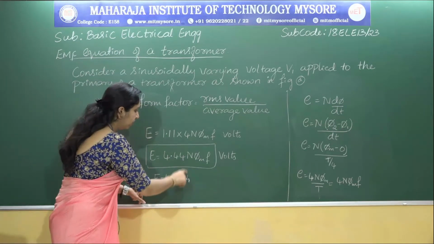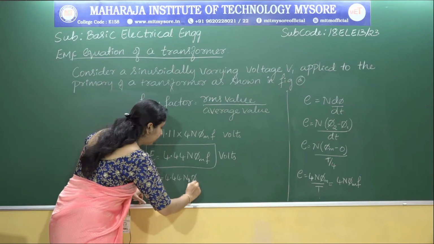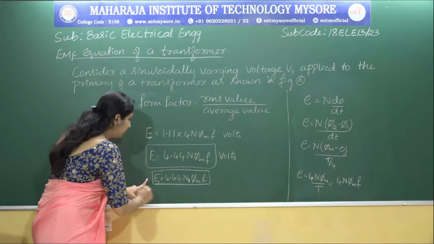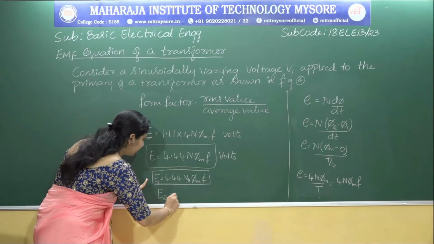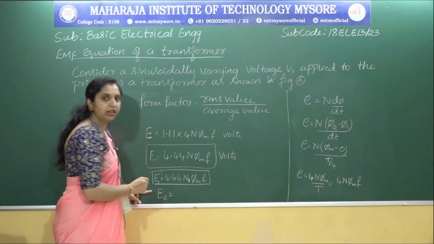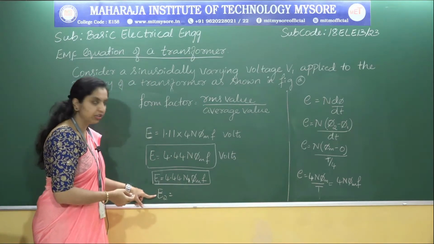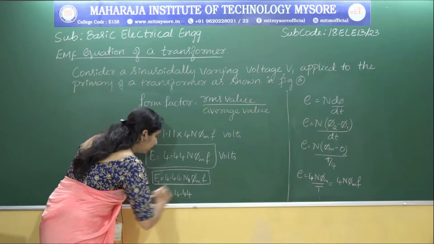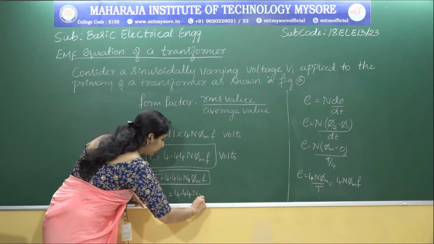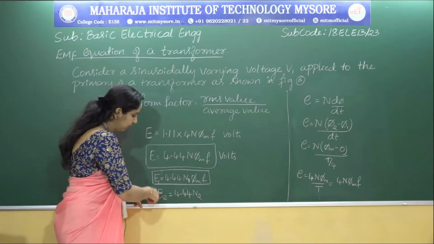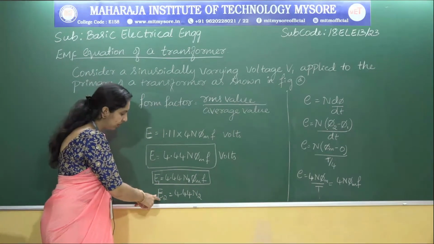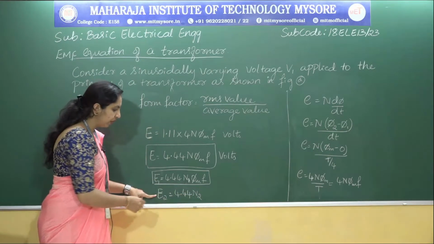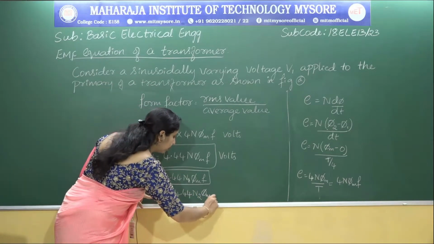Similarly, we can also express E2, that is the secondary induced EMF, as 4.44 into N2 phi m F, because the secondary induced EMF depends on the number of turns in the secondary winding.